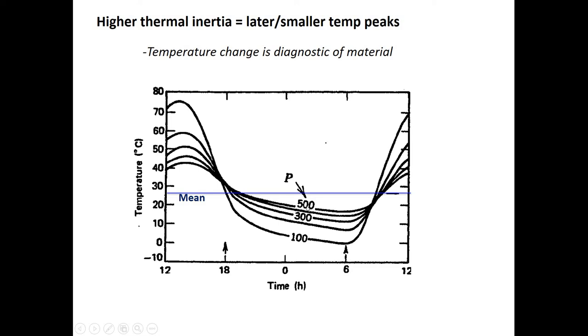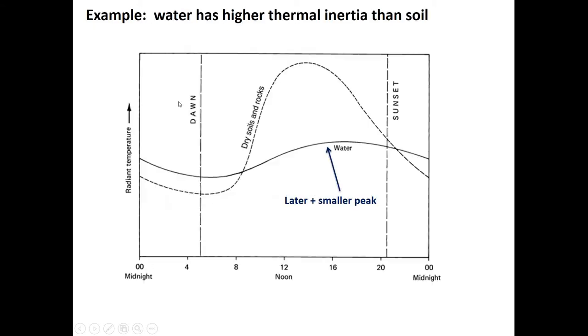It stays warmer overnight because it doesn't cool as readily. Okay, sun rises, it starts to warm again and doesn't get as hot as the others. So again, for a high thermal inertia, we see smaller temperature oscillations. We see that the peaks actually happen a little bit later than the low thermal inertia.